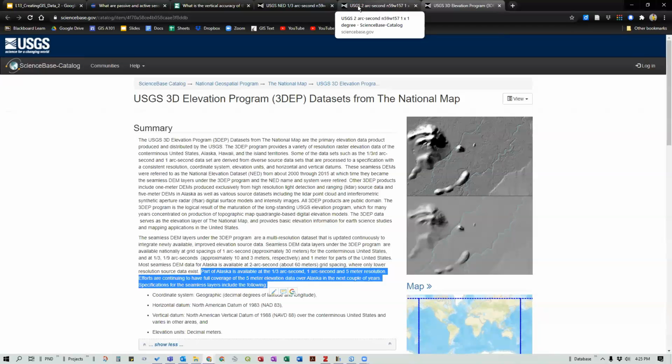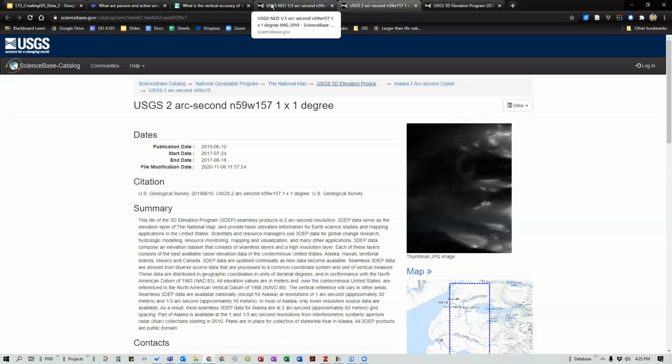USGS 3DEP systems. So this is an image near King Salmon that was collected, and this one is a 2 arcsecond. So if you look at the information for that, a 2 arcsecond grid is approximately a 60-meter grid. So you're not going to use this for mapping if you're trying to lay out your plan for construction of a project site, right?